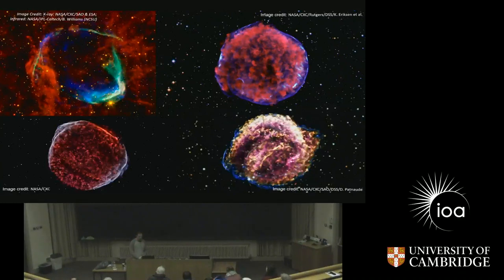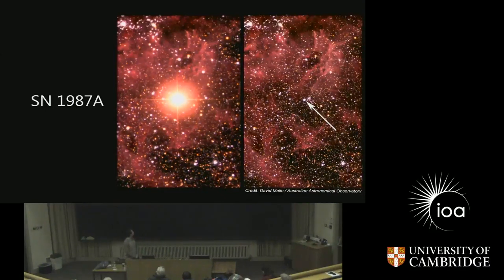So while we have not seen another supernova in our galaxy since 1604, we have seen many supernovae in neighboring galaxies and farther away. The closest one to us was observed in 1987, and this was the first time where we clearly saw the star that was there before the supernova.